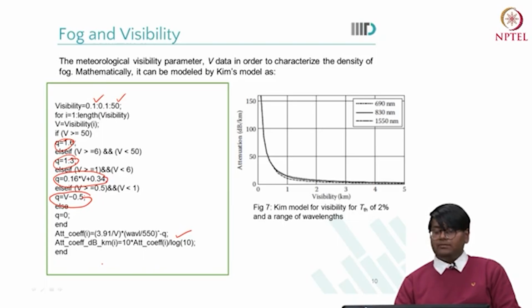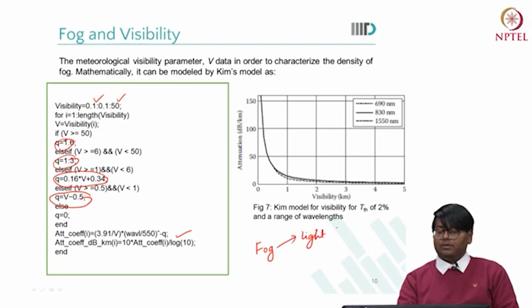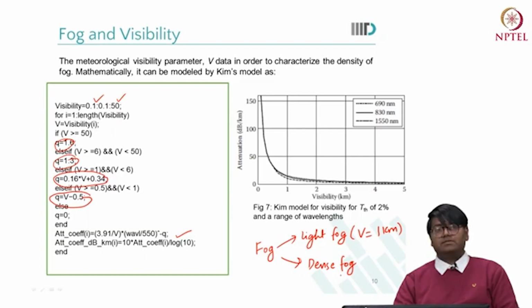So, we see that when your visibility is very low, which is typically the case of fog, which is characterized as light fog or dense fog, we can define light fog by the visibility parameter when visibility is approximately 1 kilometer, and dense fog when V equals 0.5 kilometers. So, this is how we have defined fog.